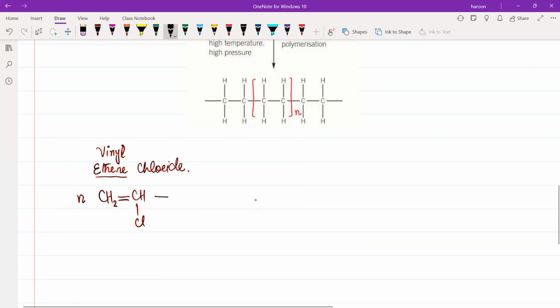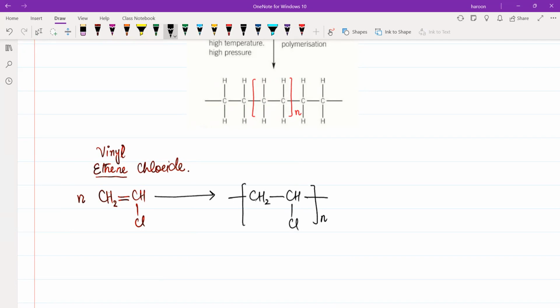So when we polymerize it up to n numbers, CHCl polymerizing up to n numbers, we can write it as polyvinyl chloride.